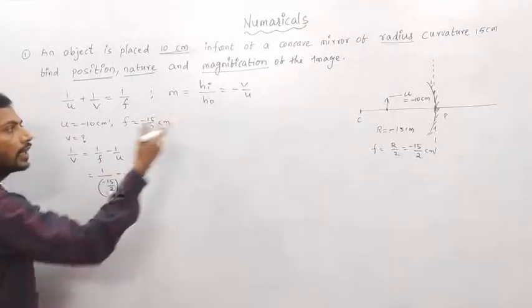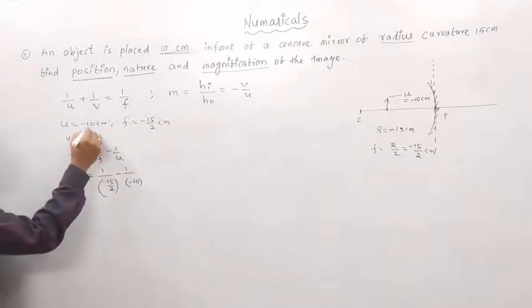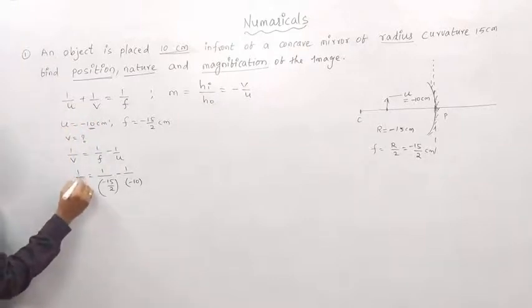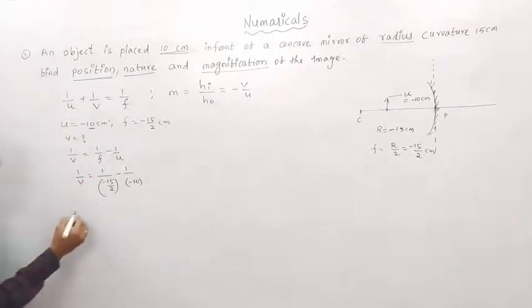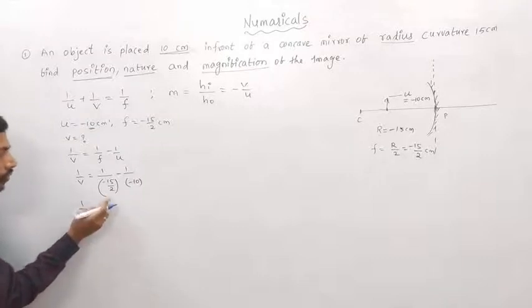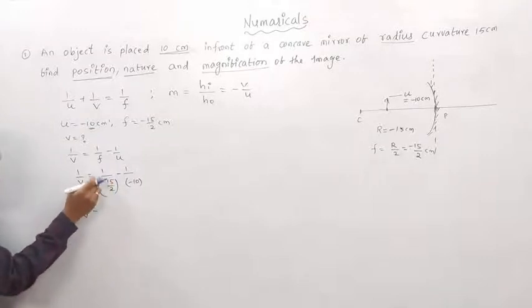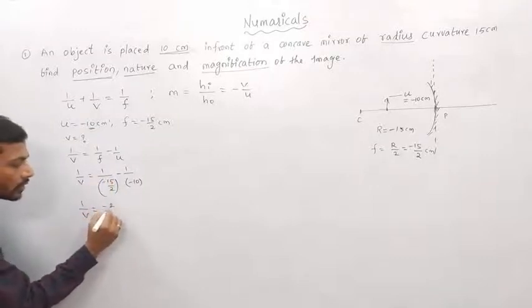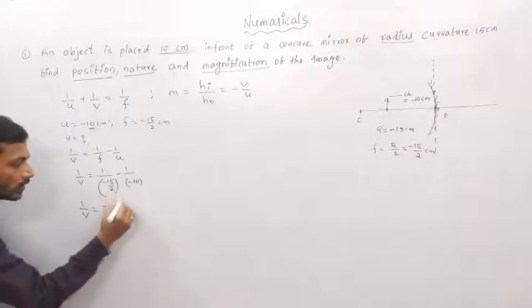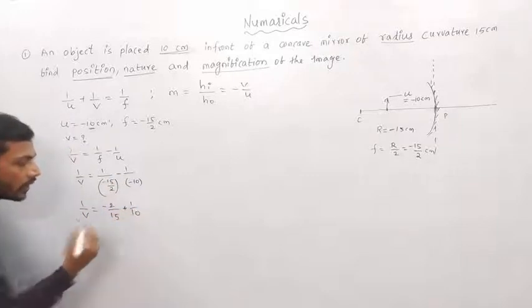Already it is given there, minus 10. Then it is 1 by v. Next, 1 by v equals, take reciprocal, minus 2 by 15 minus into minus, plus 1 by 10.